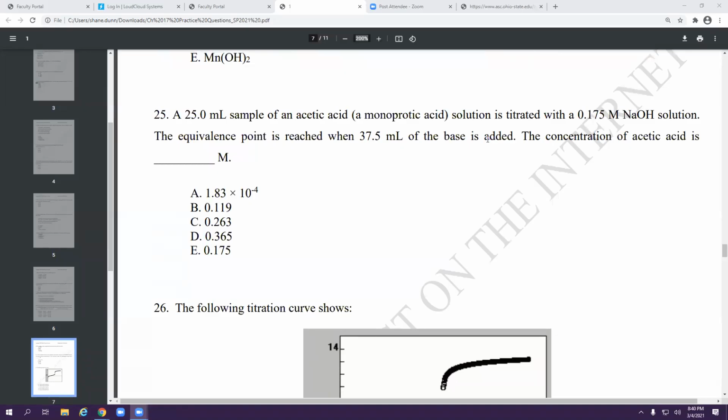25. Volume, concentration, volume, no concentration, monoprotic. Guess what we can finally do, guys? M1V1 is M2V2.